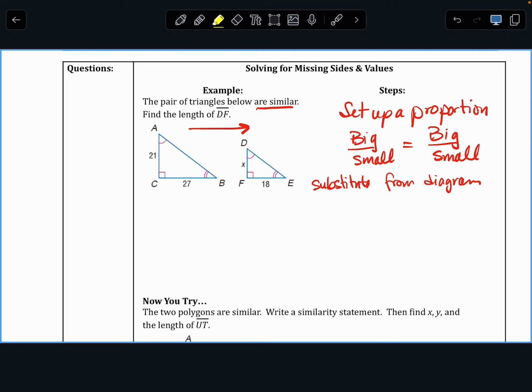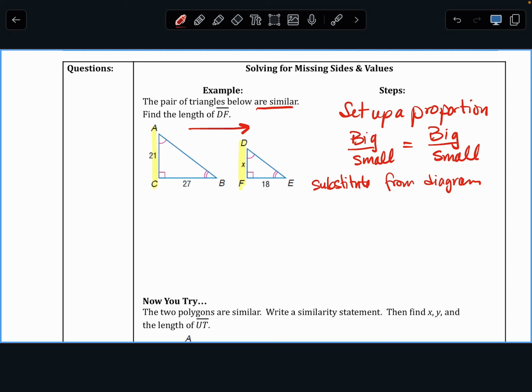So I have AC and DF. Now I don't have the names for the triangles, so how do I know those are my sides? Well, this has one in the right angle, and this has one in the right angle, so those have to be the two sides that match because of the angle markings.